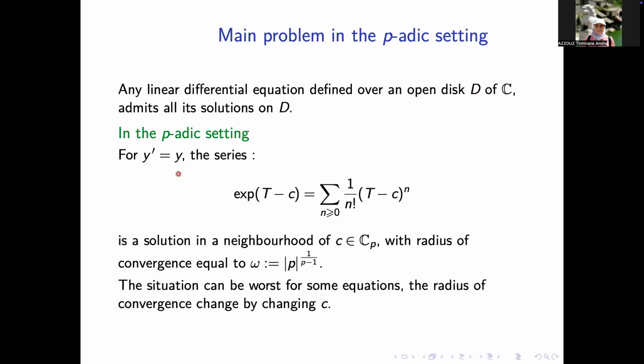However, in the p-adic setting, if we consider the simple case of this one, which over R is just the exponential. Over p-adic numbers, the exponential makes sense because we can define it formally, and this makes sense because Z is included in CP.